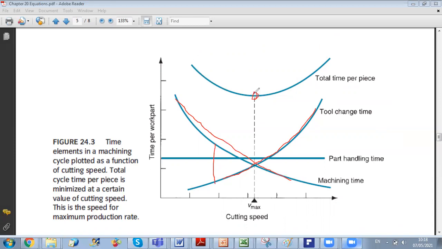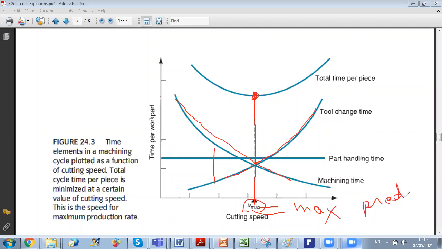This optimum will give you the minimum time required per work part, and therefore it corresponds to what we call Vmax. Vmax is defined as the cutting speed giving the maximum production rate. So the max subscript is for maximum production rate.